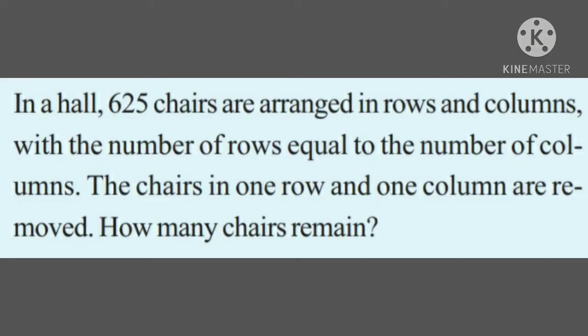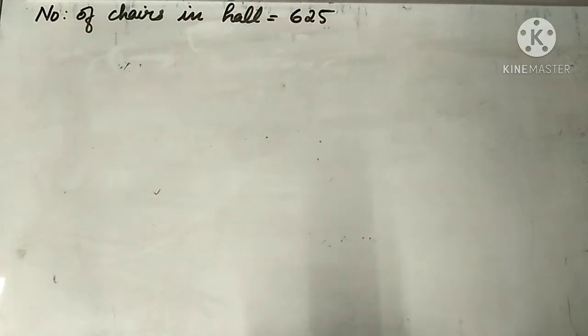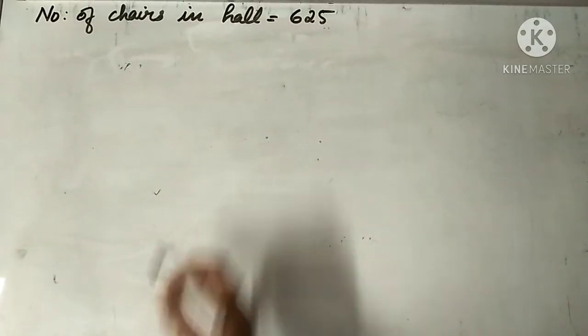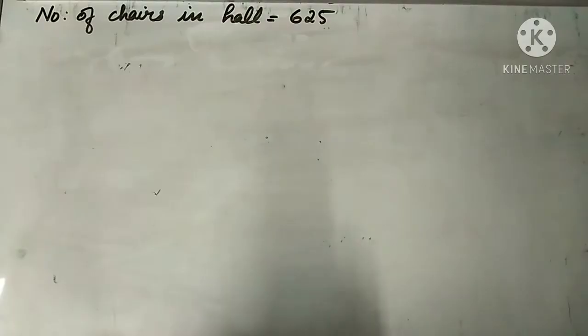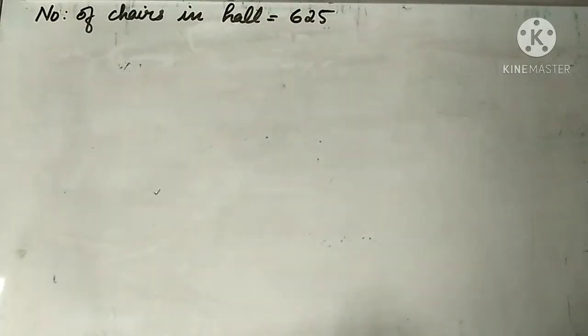Next question. In a hall, 625 chairs are arranged in rows and columns with the number of rows equal to the number of columns. The chairs in one row and one column are removed. How many chairs remain? According to the question, it is given that the number of chairs in the hall is equal to 625, and it is also said that the number of rows is equal to the number of columns.